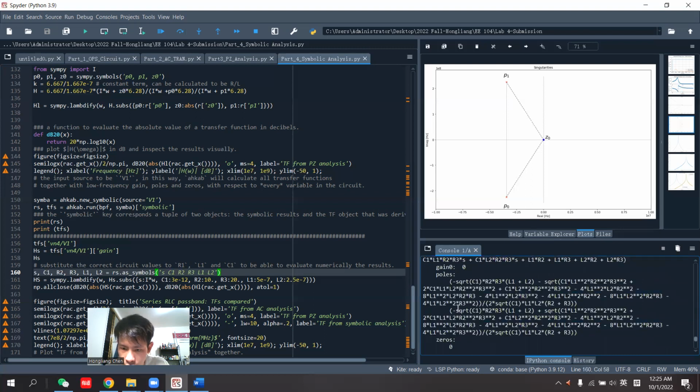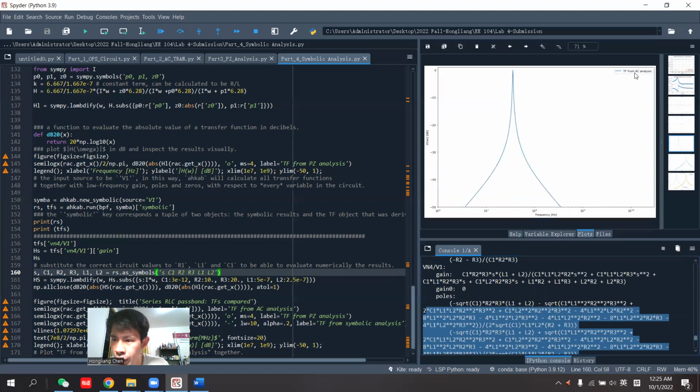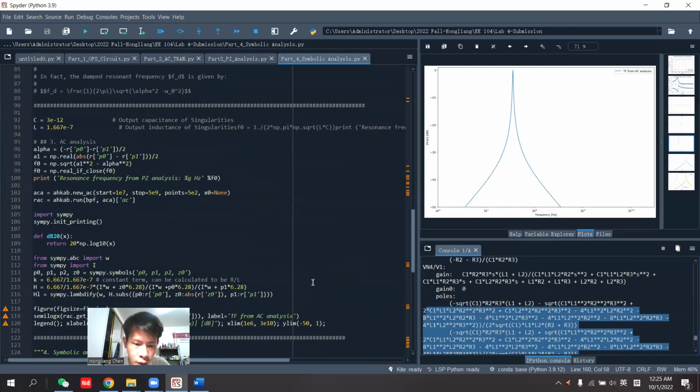And yep, it shows all the transfer functions as the output of different components and the currents flowing through each component. And we could see the AC analysis here, which is generated from the code shown here, AC analysis.